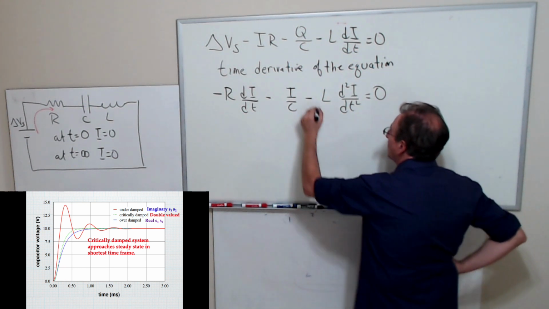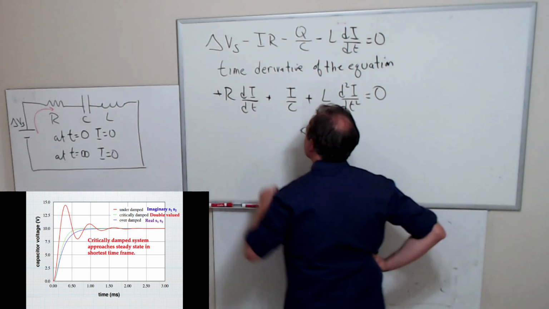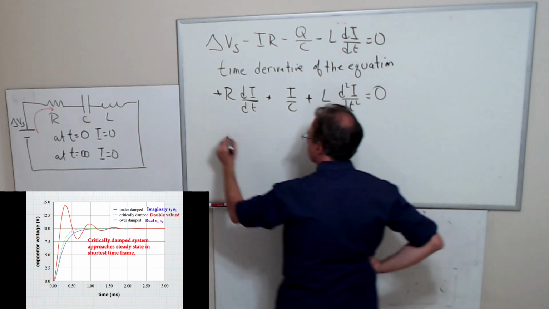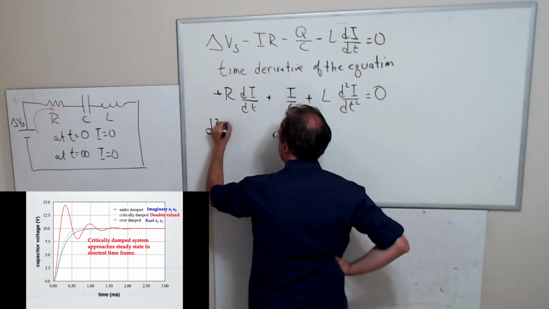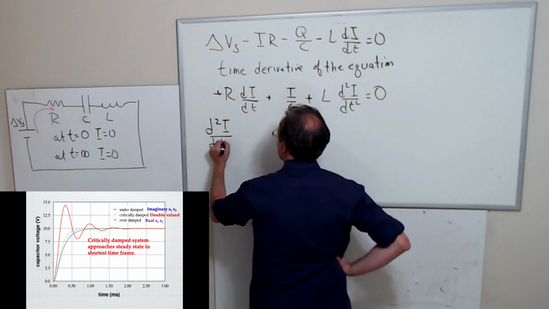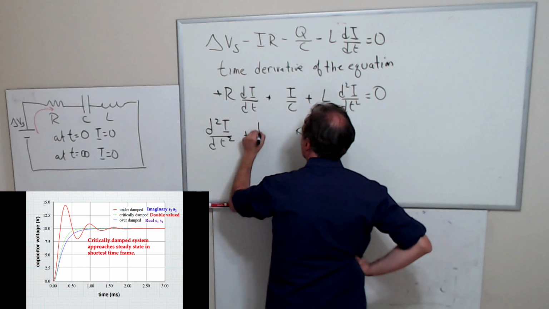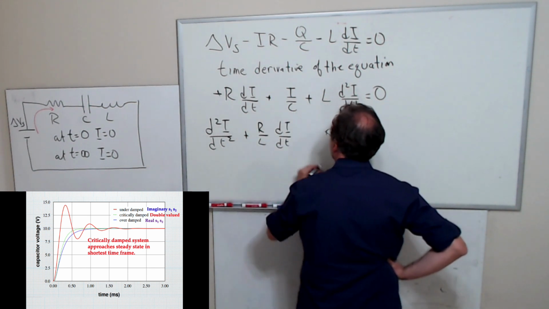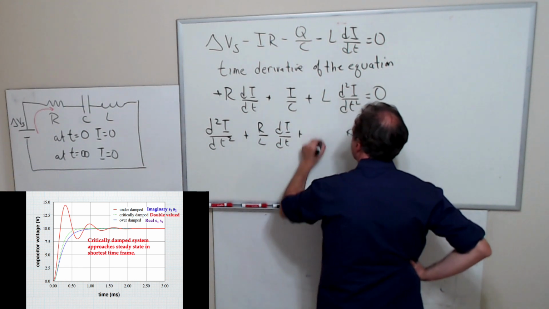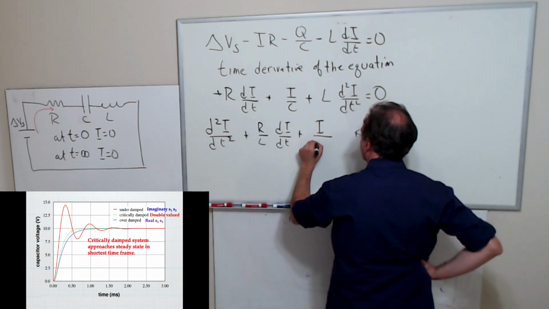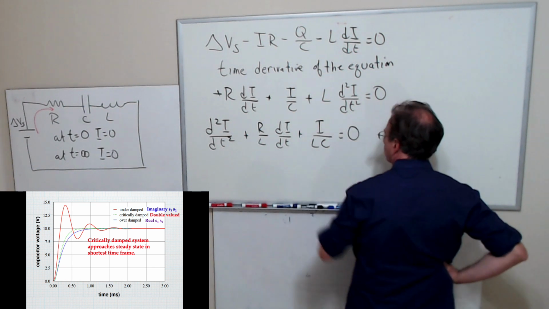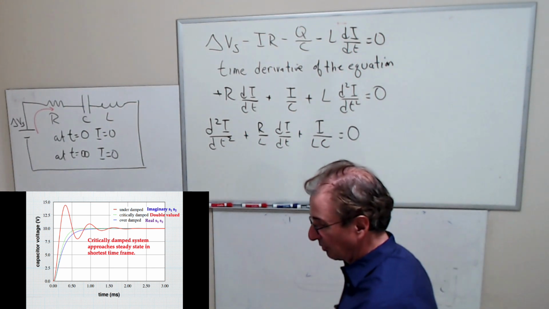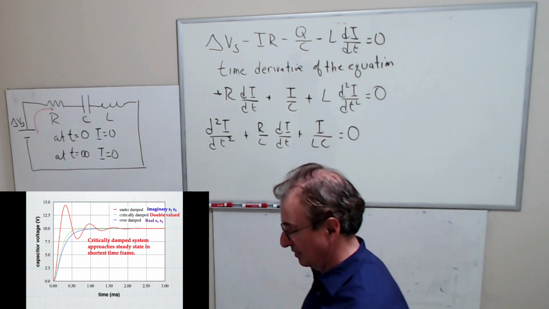I'm going to cancel minus signs, and I'm going to divide both sides by L.